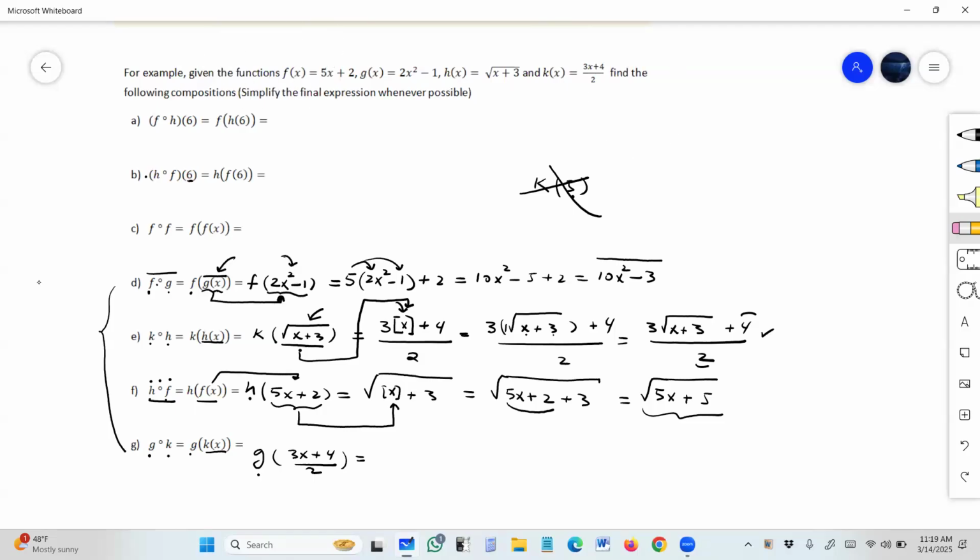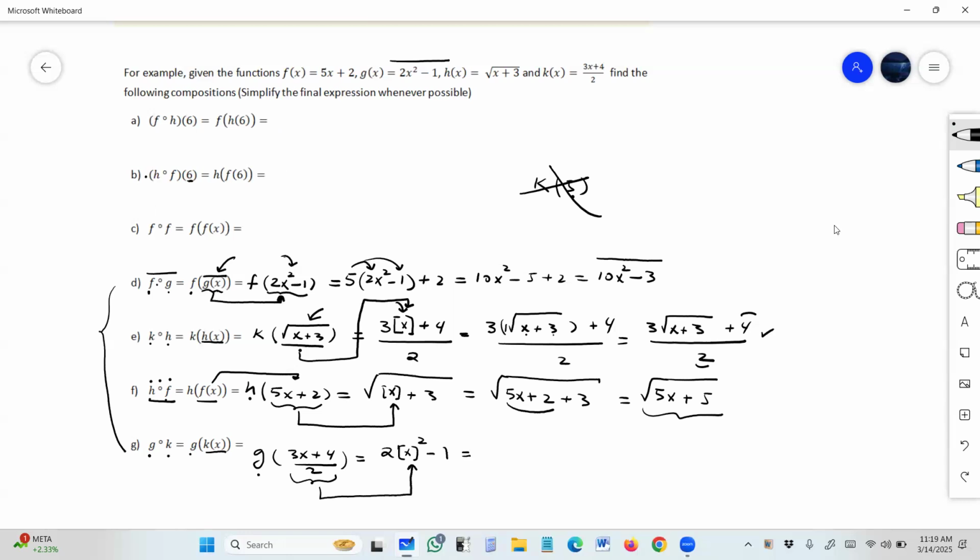Let me just clean this a little bit. So here's the G function. And again, wherever I see the X, I'm going to put a bracket here for you to see where the answer is going to go, or the function is going to go in. So this is my G function. And everything in here is going to replace X. Okay.